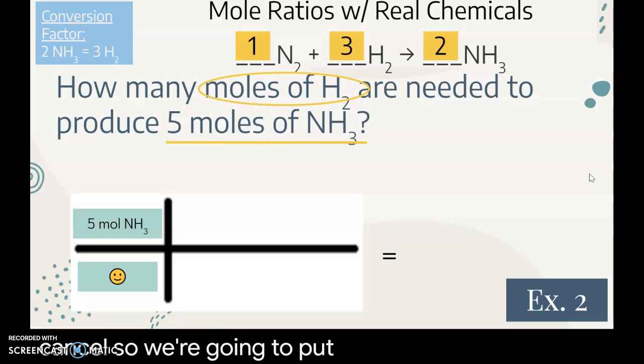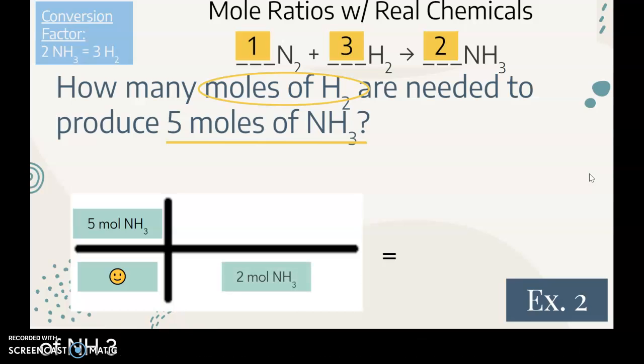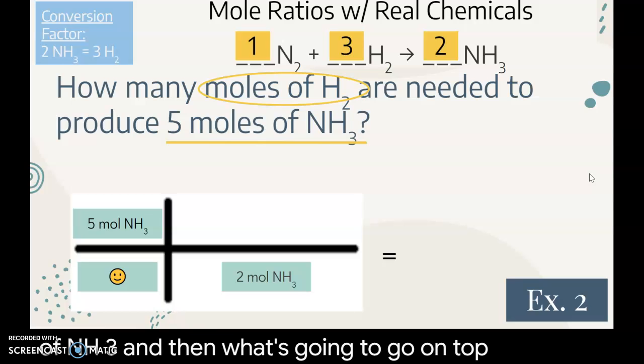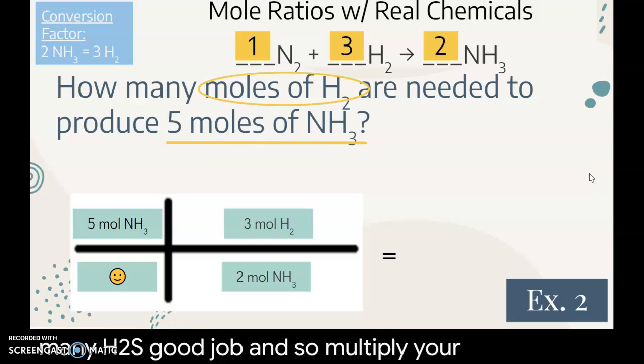So we're going to put NH3 on the bottom of our conversion factor. And what number's in front of NH3 in our balanced equation? 2. So we have 2 moles of NH3, and then what's going to go on top? And how many H2s? Good job.